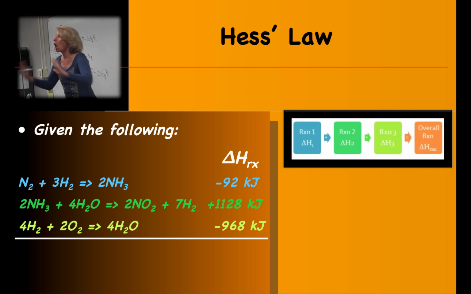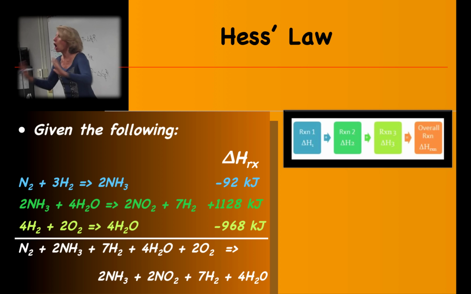We come up with an overall reaction of this: nitrogen plus 2 ammonias plus 7 hydrogen plus 4 water plus 2 oxygen produce 2 ammonias, 2 nitrogen dioxides, 7 hydrogens, and 4 waters.